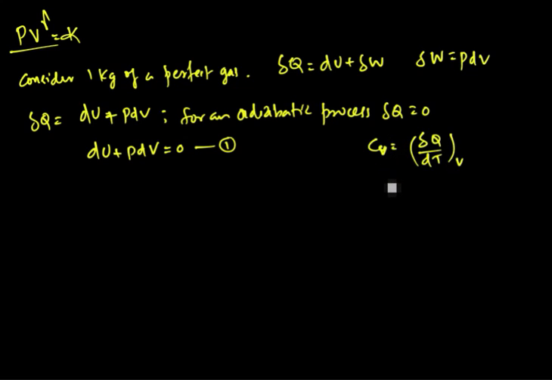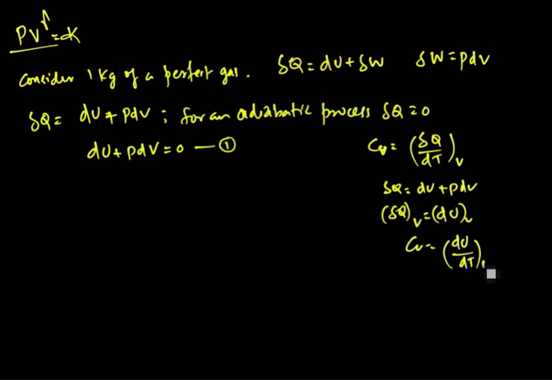From the first law of thermodynamics, we know that del q is equal to dU plus P dV. At constant volume, del q will be dU at constant volume. So Cv can be written as dU by dT at constant volume.